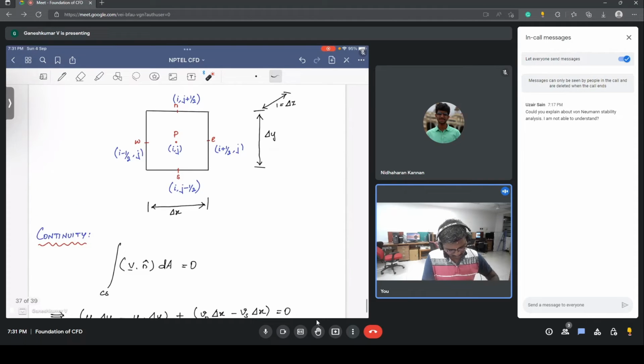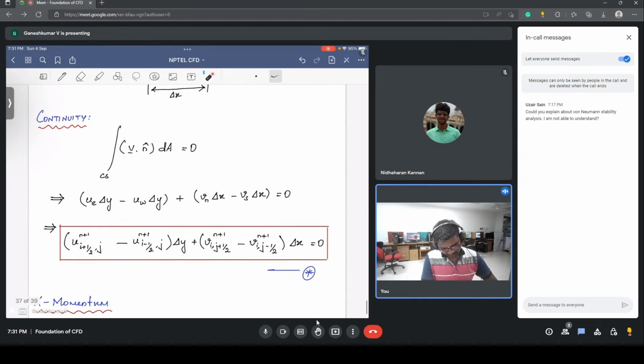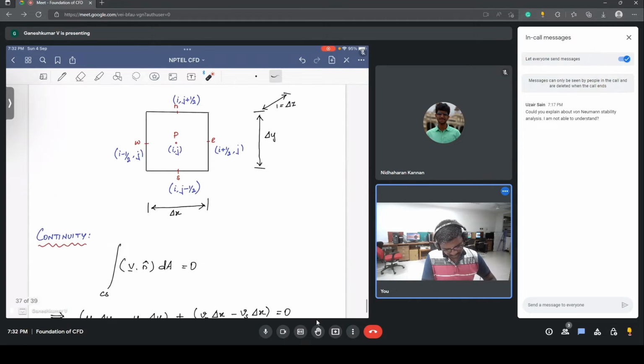For a finite volume method, you need to solve the integral form of the equations. For an incompressible flow, the continuity equation is the integral of v dot n dA equal to 0. This is a control surface integral.